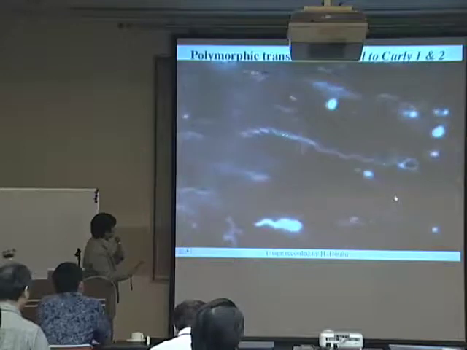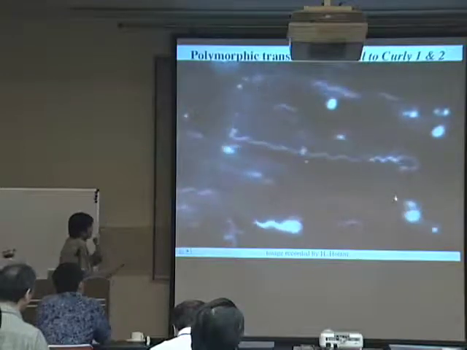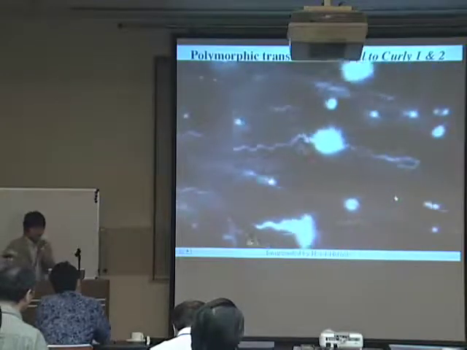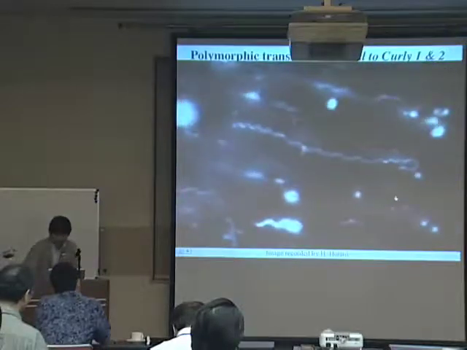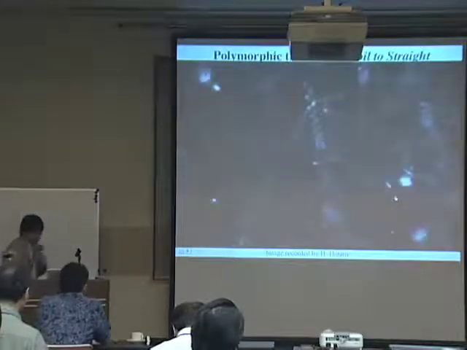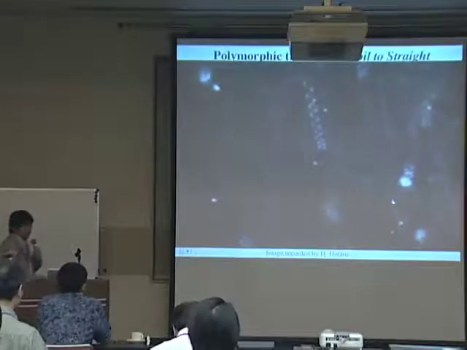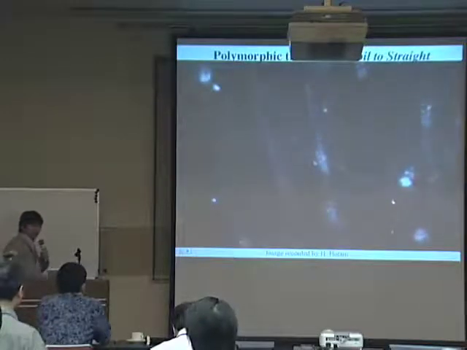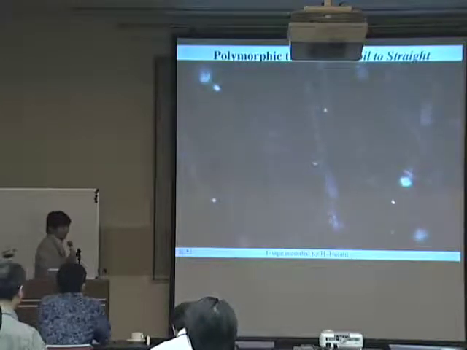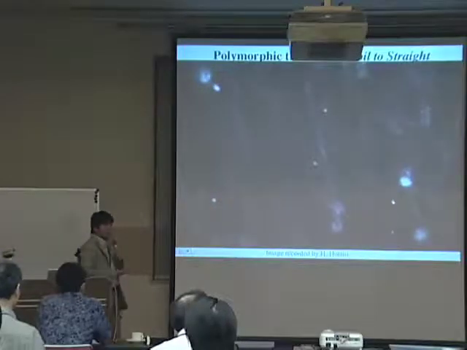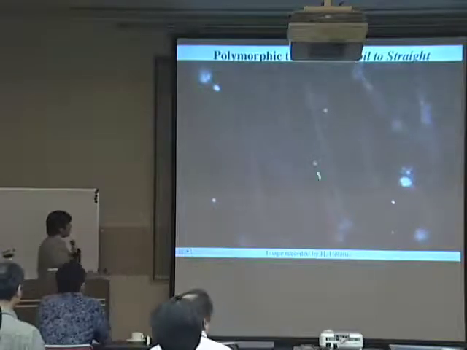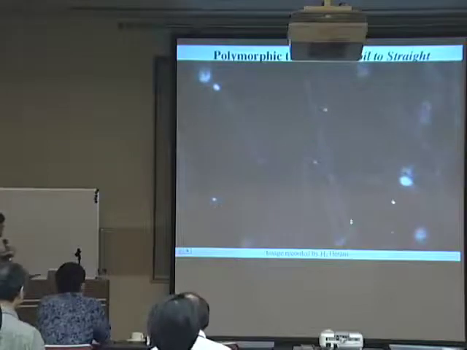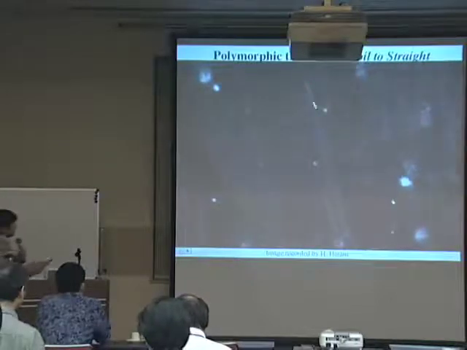Here we have a short pitch and a long pitch, and it suddenly changes to the short pitch. And this supercoiling form is changed in response to other environmental conditions, such as the ionic strength, the concentration of salt, and pH. Here we can see the wavy form is changed to the straight form.